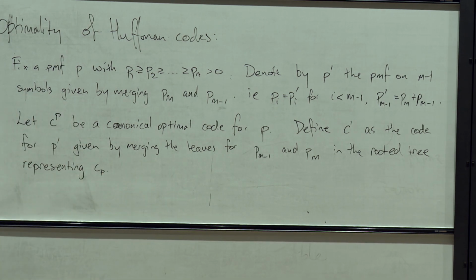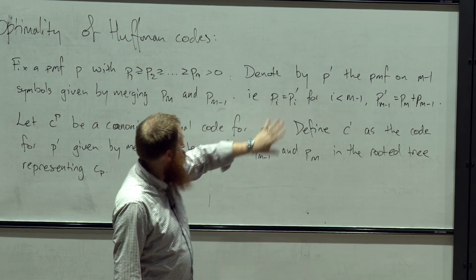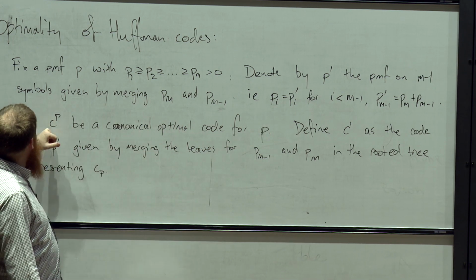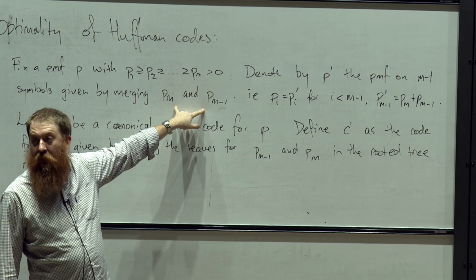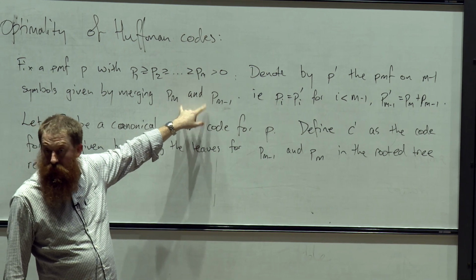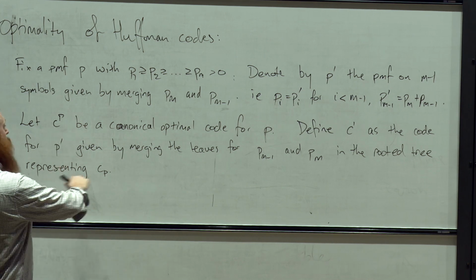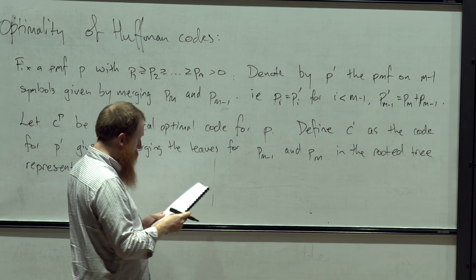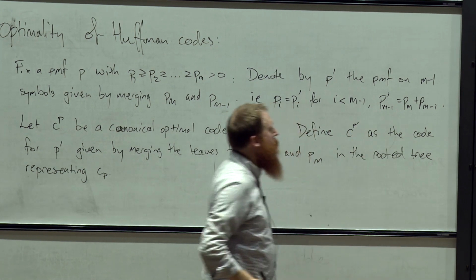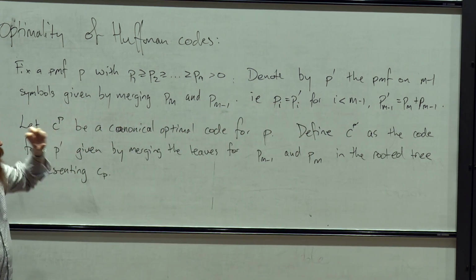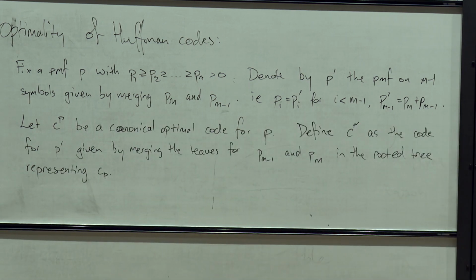So I'm assuming that I can order these in a way so that I have a rooted tree representing Cp. I can then merge these final two. They are siblings, so I can merge them. Okay, so I'm assuming I can do this. So that defines C prime as, if I'm staying with the notes, Cp prime. So this is a code where I've ignored that final term. Merge those final two symbols.